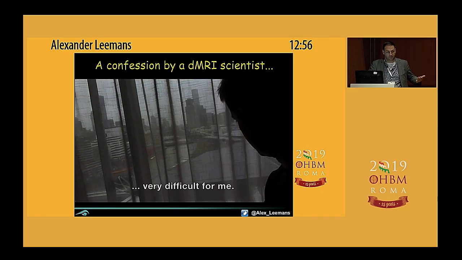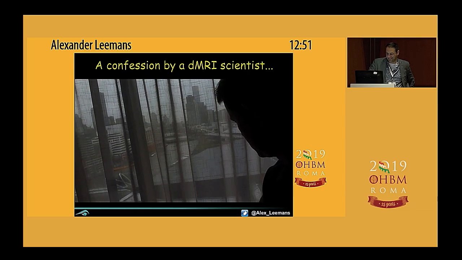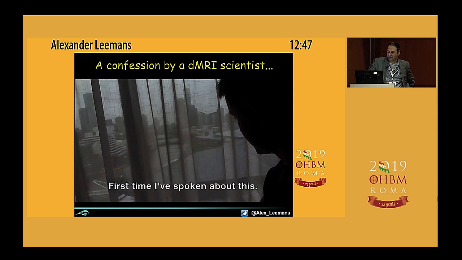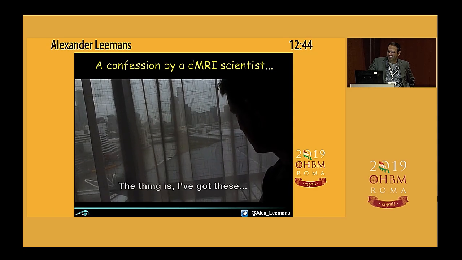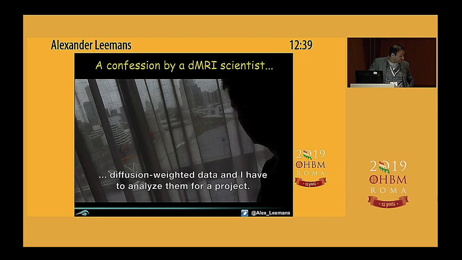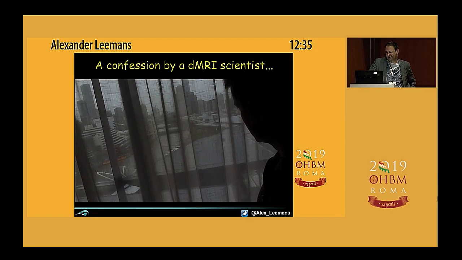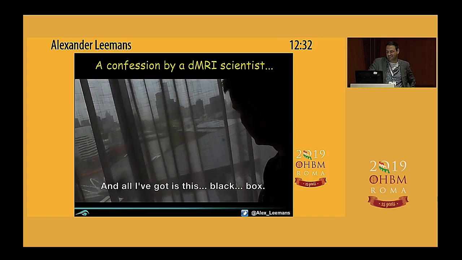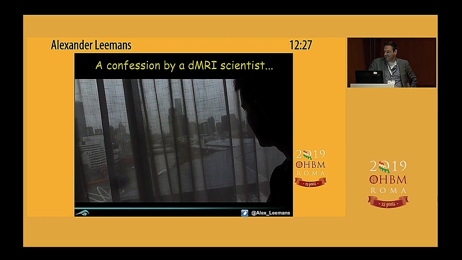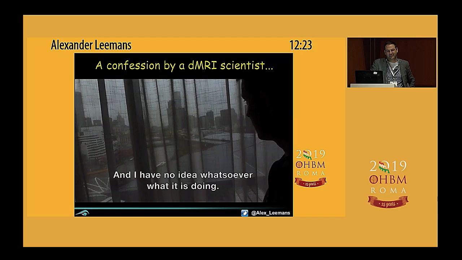Thing is, this is very difficult for me. It's the first time I've spoken about this. The thing is, I've got these diffusion weighted data and I have to analyse them for a project. And all I've got is this black box. And I have no idea whatsoever what it is doing.